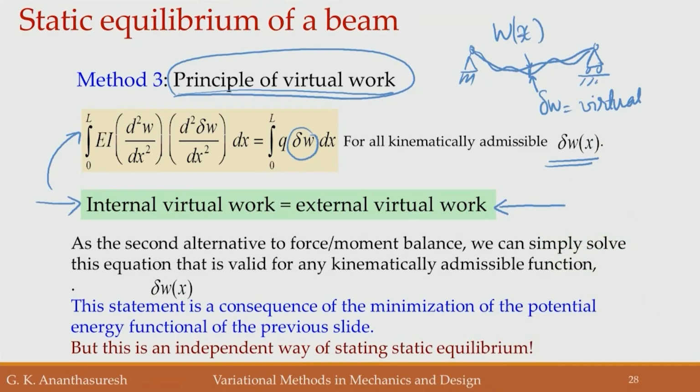It is a very profound principle, and Bernoulli was the one who thought of this way of doing it rather than force and moment balance, and later several other people have developed it.